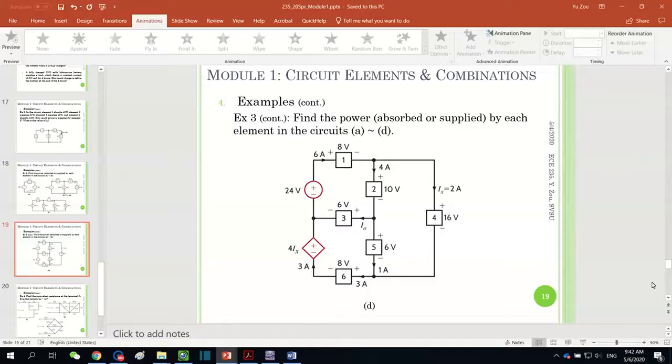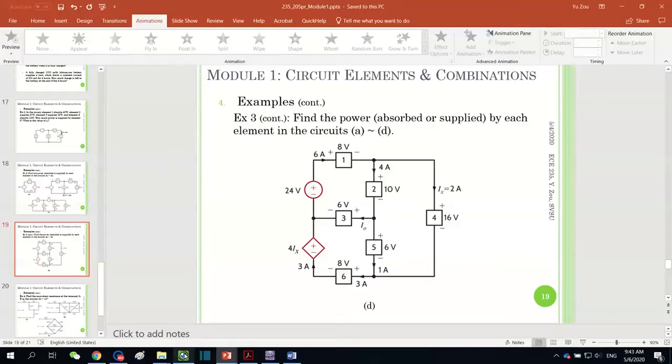And in circuit D, the last one, we basically follow the same idea to find each element's power by voltage times current, trying to match the passive sign convention. The trick of this circuit is that we don't know the current of element 3, which is I0. It's something we don't know again.